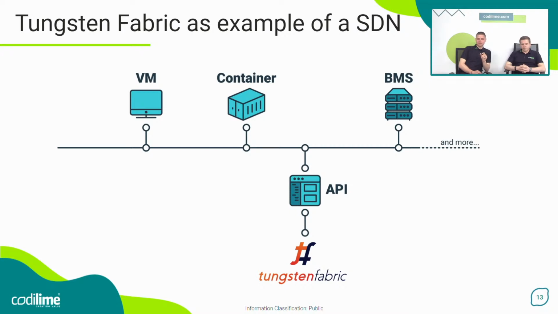As long as the API is fulfilled and the endpoint, like a VM or container, may communicate with this API, it may be controlled with the SDN. So you don't have to only work in the range of supported devices, supported solutions. You may as well fulfill the API with your custom solution, so you may build a third-party solution using the SDN. And this is how it is usually with other SDNs on the market.